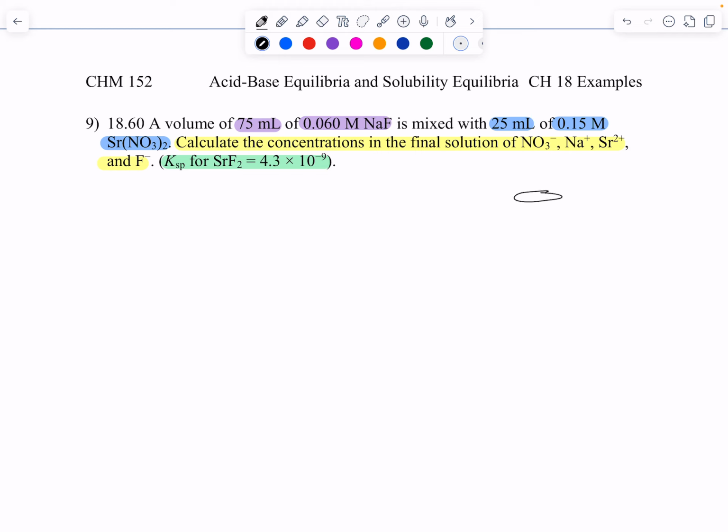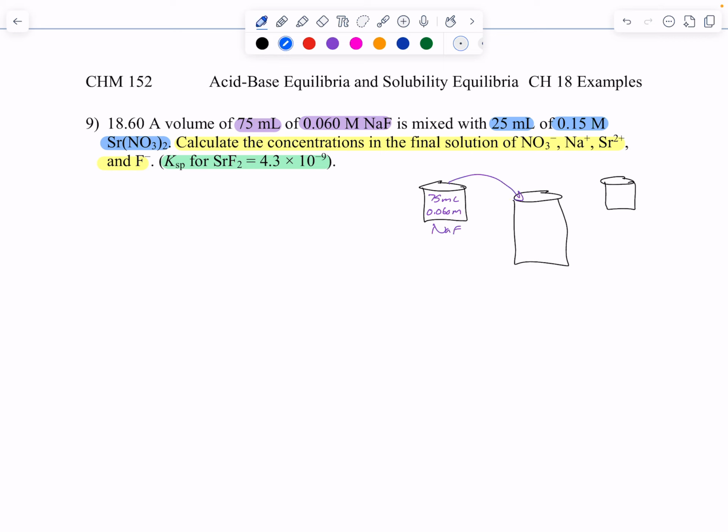We have 75 milliliters, 0.060 molar, and this is our NaF coming in.